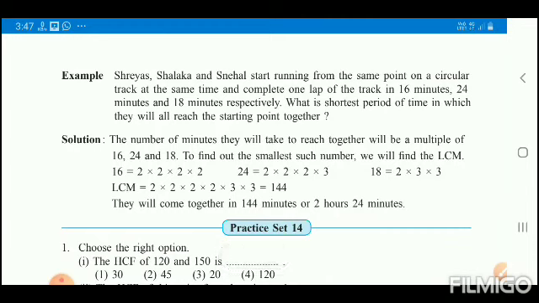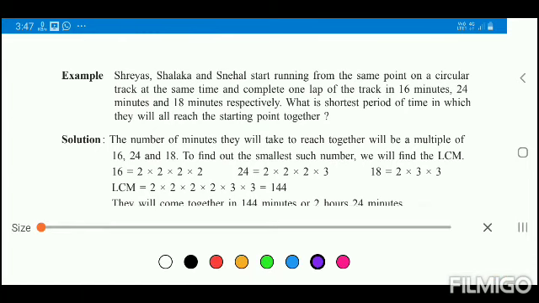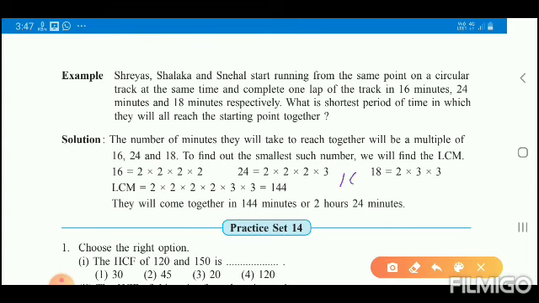The number of minutes they will take to reach together will be a multiple of 16, 24 and 18. That is 144. So they will come together in 144 minutes.